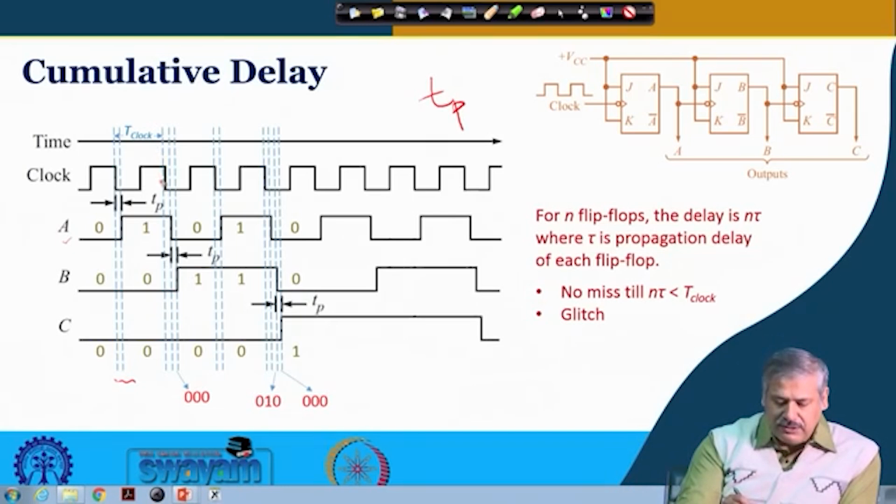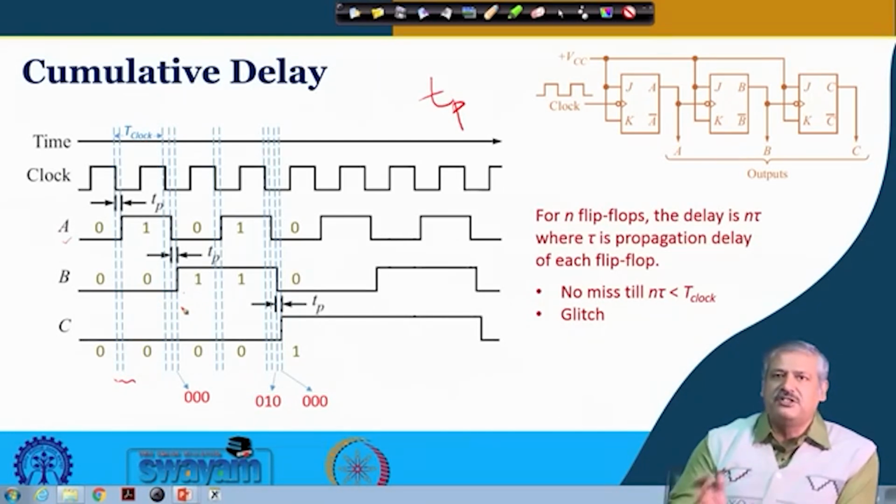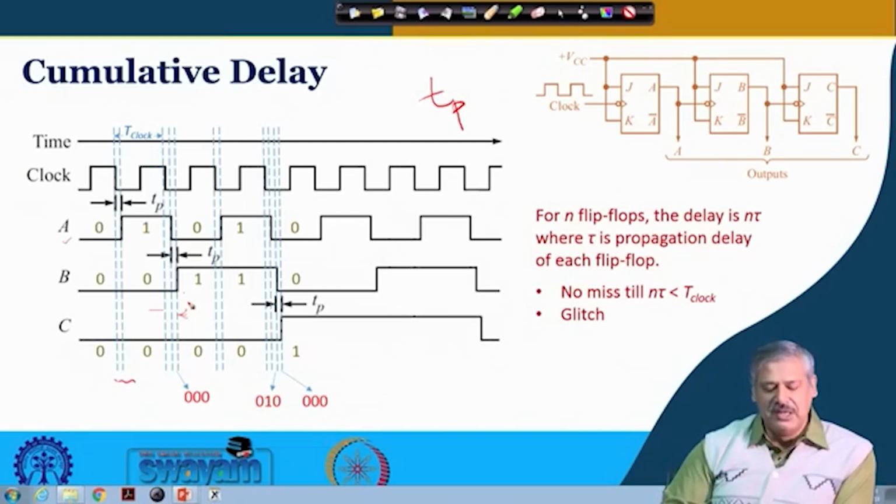So from the clocking instant, the negative edge, change of A requires one propagation delay, plus change of B requires another. So two propagation delays will be involved, as shown here. And for C, what will happen?